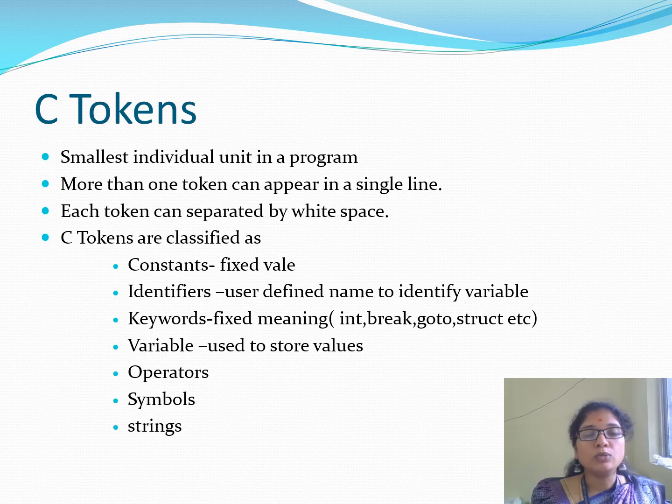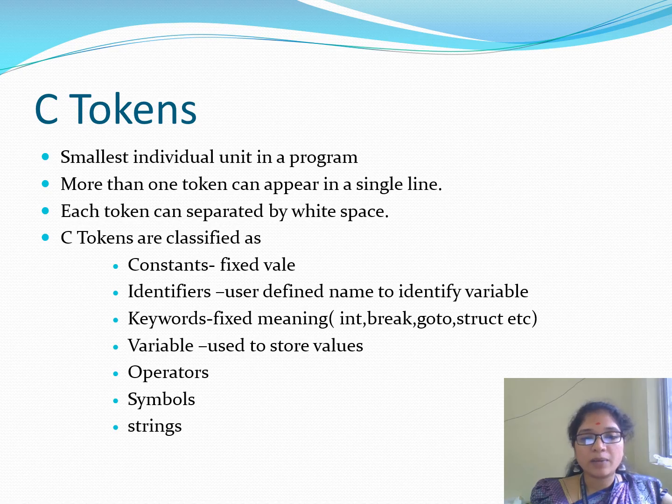We cannot use a keyword as a variable name or function name. Since the 32 words are already stored in the compiler, we cannot take those keywords as variable names. And then the variable is mainly used to store a value. The variable name has some rules and regulations, and based on that we can use variable names.